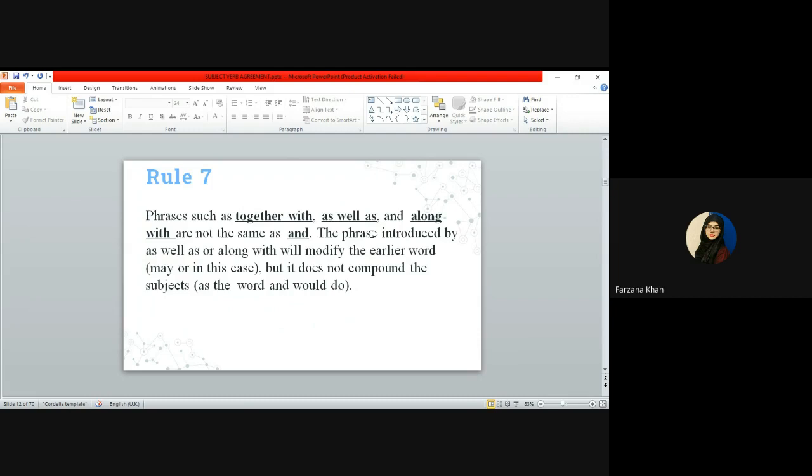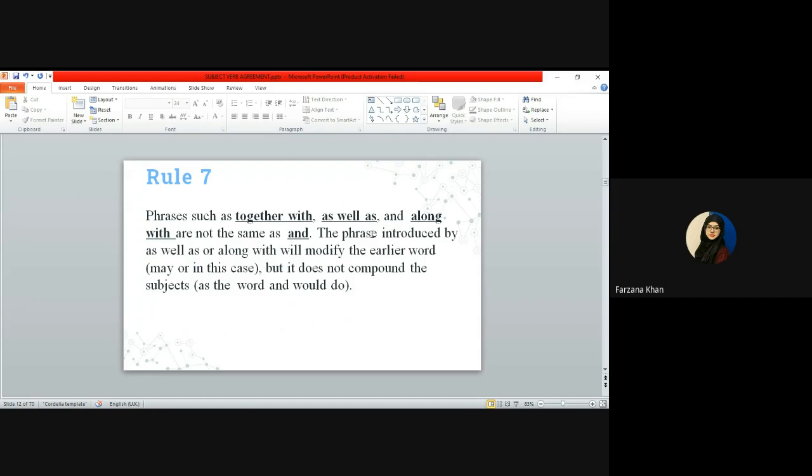Next rule, which is rule number 7. It's about the phrases together with, as well as, along with. Basically, these are phrases which can sometimes be called conjunctions in sentences, but usually people misunderstand these as a substitute, as a synonym of and, but it is not.